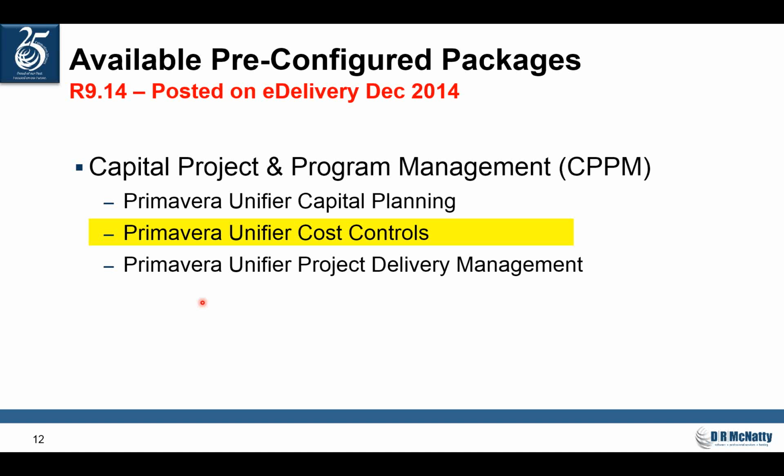The scheduling module is contained within the Unifier cost controls module, and we're going to be reviewing the prepackaged or out-of-the-box, if you will, scheduling functionality that's included in Primavera cost controls.